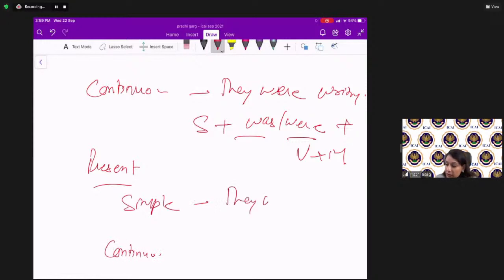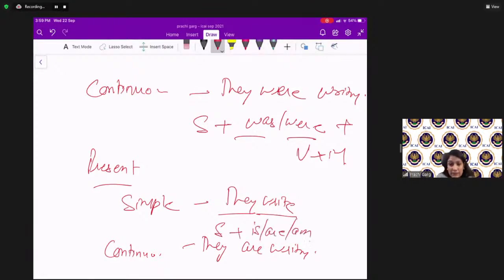They write, they are writing. In simple present, we use subject plus the base form of the verb followed by the object. In continuous, we use subject plus is, are, or am, depending on the subject. Am, I hope you know, is used with I. And with the verb plus ing form, right?